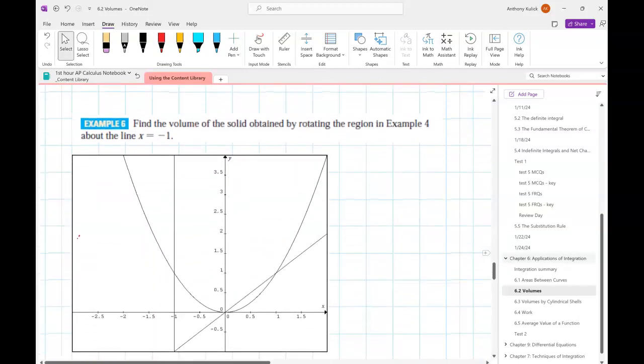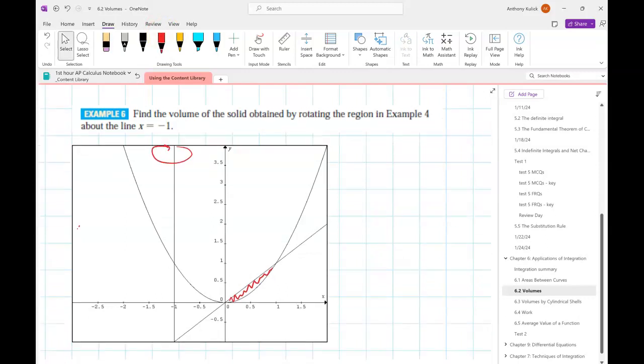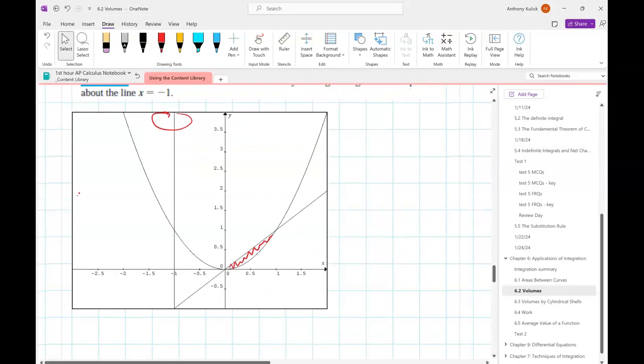What if we instead take that figure that we had before? Again, remember we're talking about that area. But this time we're going to rotate it around the line x equals -1. Well, let's see. That's 1 unit to there. So the bottom of my circle should be there.